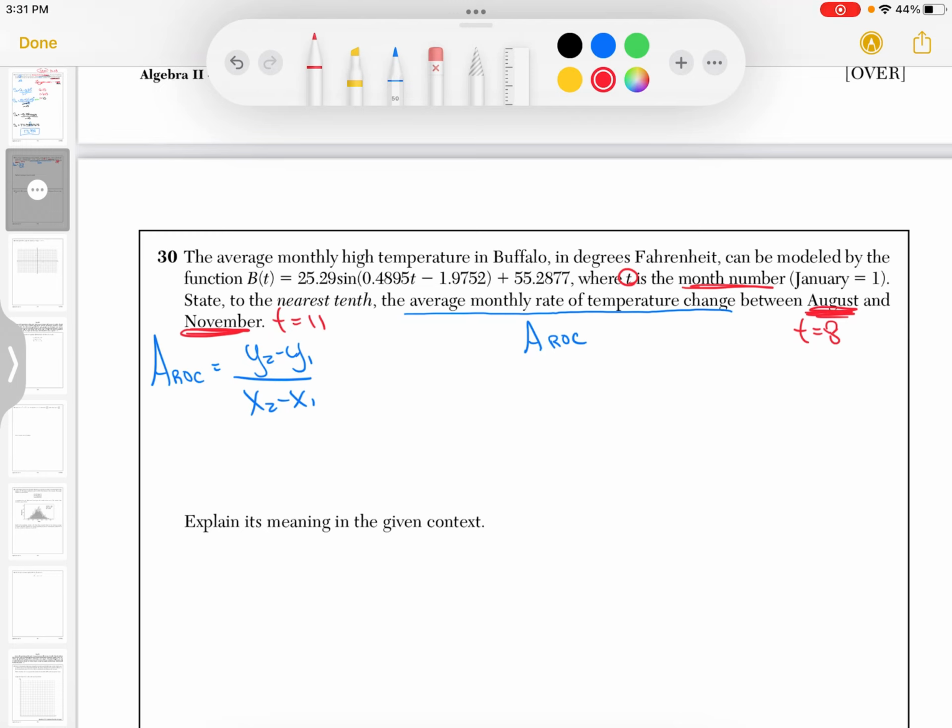Even though it's not using X and Y, you should hopefully know that since T is within the equation, that's your X. So really, these points are 8, something, and 11, something.